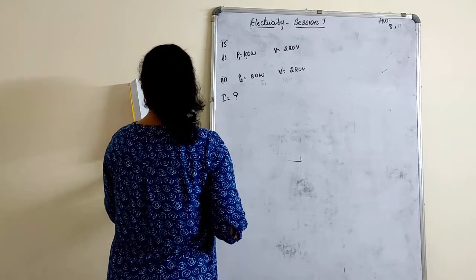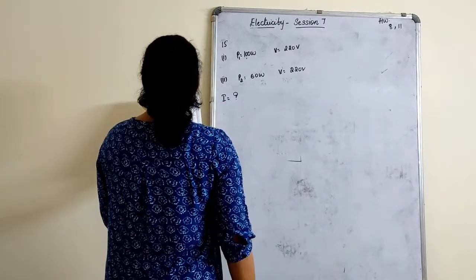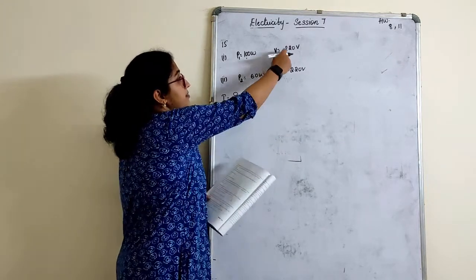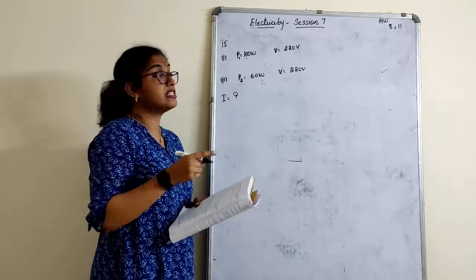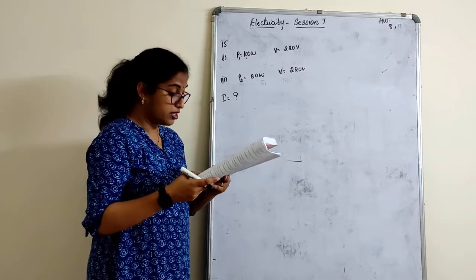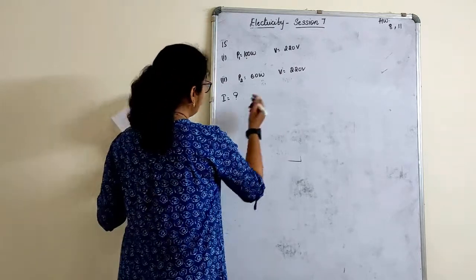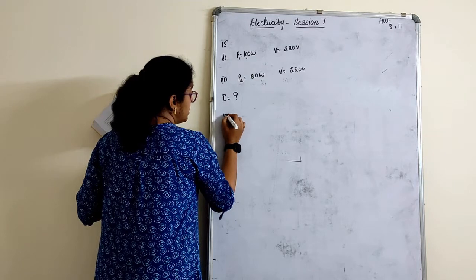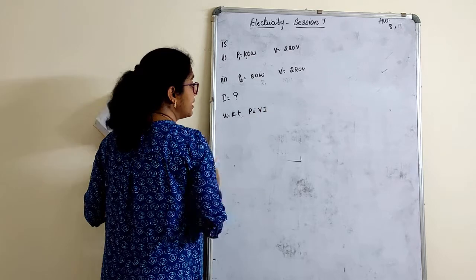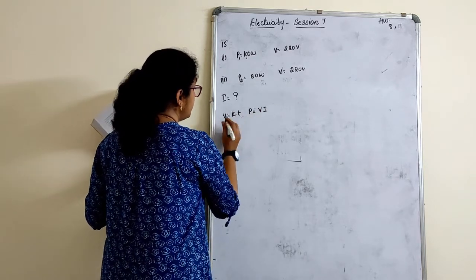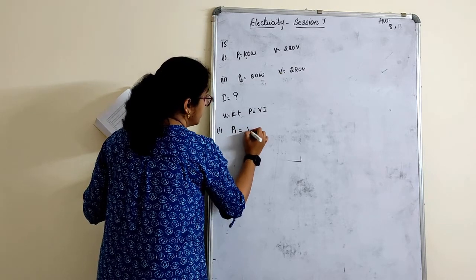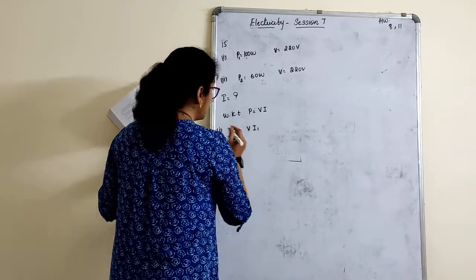What they are finding out here is, these bulbs are connected in parallel, therefore the potential difference is the same. Voltage across the bulbs is the same, because in parallel V remains constant. So what is the formula we have with respect to this? We know that P is equal to VI. So for the first one, P1 is equal to V into I1.